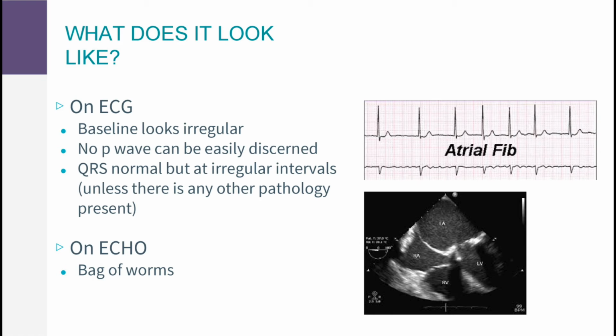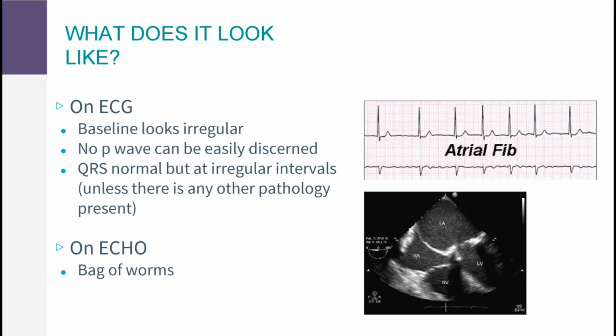On ECG, this chaotic activity is seen as irregular rugged baseline. Sometimes the baseline may not record this activity and may look flat. Only some of these irregular unsynchronized stimuli are transmitted via AV node, causing irregular but normal looking QRS complexes, unless there is any other block or ventricular pathology, which would be recorded as wide QRS complexes.